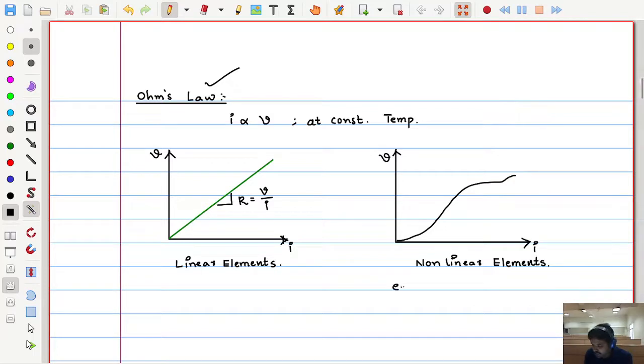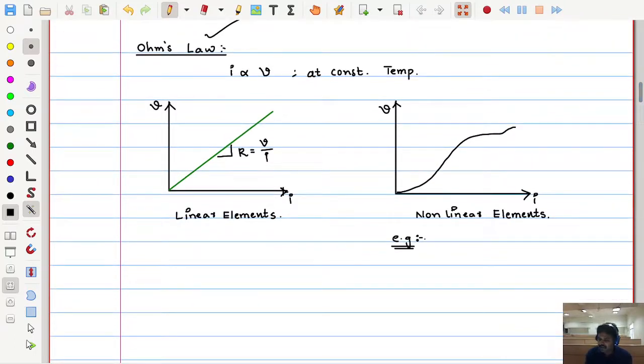One thing we can even straight away state is what might be the reason for not obeying Ohm's law. This does not obey Ohm's law, whereas these obey Ohm's law. Let me write here.